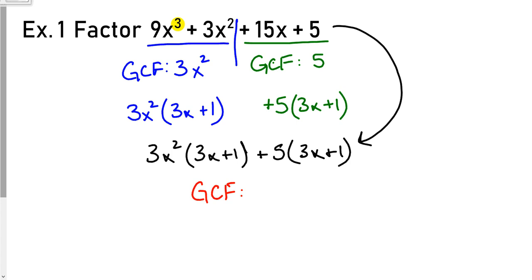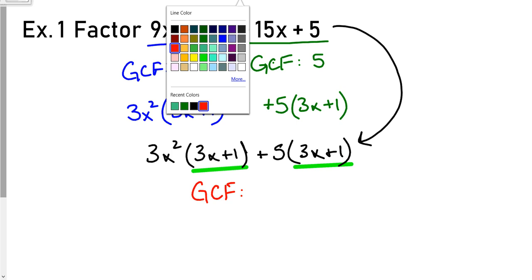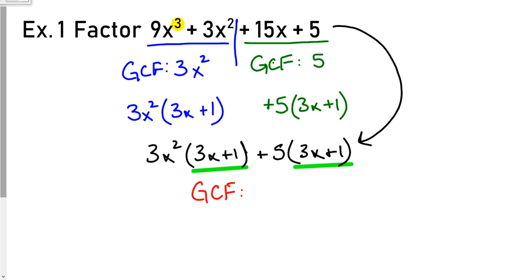If we look at how we've rewritten our polynomial, we can see that 3x plus 1 is a factor of the left-hand side, and 3x plus 1 is also a factor of the right-hand side. So we have a greatest common factor here that is the quantity 3x plus 1.